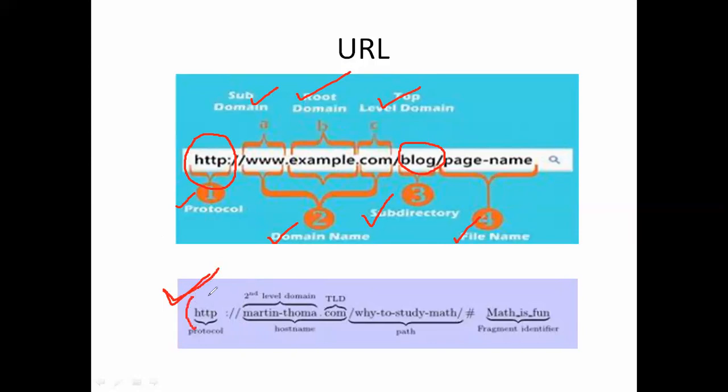So we should have the protocol. The second one is host name. The third one is path. And the fourth one is identifier. Identifier means we should have the asterisk symbol. These are examples of URL and URN.